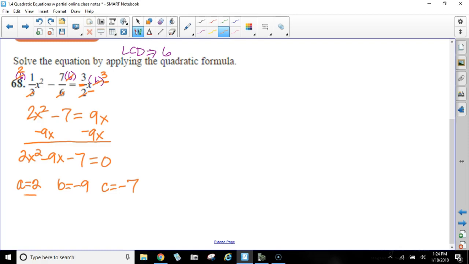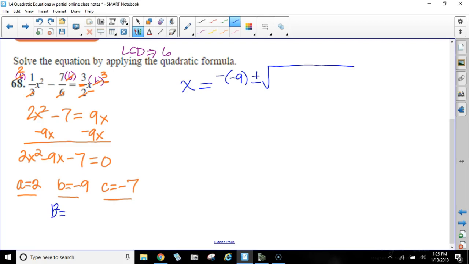Now, when we use these values in our quadratic formula, let's do that right over here. This time my variable is x, so I get to have x is equal to negative b. Now that's going to take the opposite of negative 9, that's the negative b, plus or minus the square root of b squared. What I like to do is calculate that b squared kind of in my head.